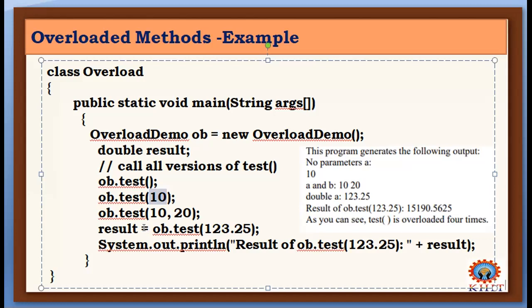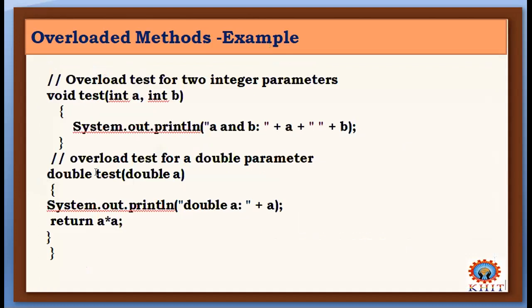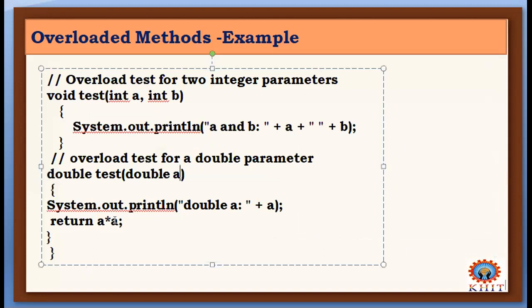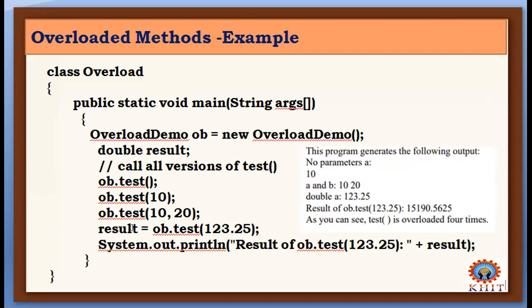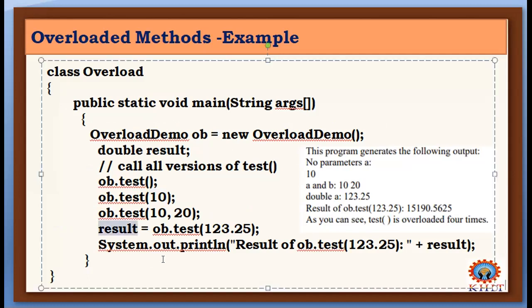The fourth time I am calling ob.test with a double value, and this is assigned to result, because the test method which takes a double value will return something. ఇది a into a చేసేటప్పుడు మీరు ఏదైనా వాల్యూ ఇస్తే ఆ వాల్యూని దాంతోనే మల్టిప్లై చేసి రిటర్న్ చేస్తుంది. రిటర్న్ చేస్తున్నప్పుడు దీన్ని హోల్డ్ చేయడానికి ఎవరో ఉండాలి కదా, కాబట్టి ఇక్కడ రిజల్ట్ అనే ఒక వేరియబుల్ తీసుకొని దాన్ని నేను స్టోర్ చేశాను.